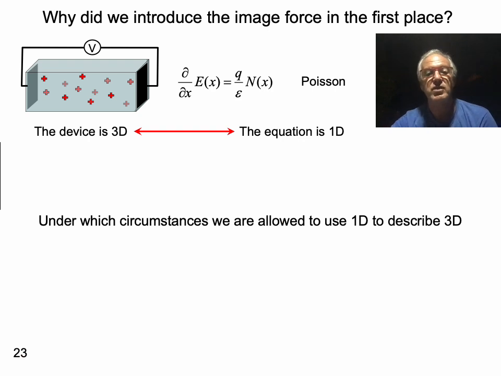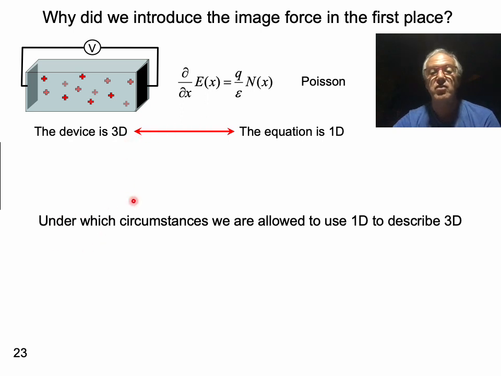So why did we introduce that correction? As I said, we have basically all the equations, and really to look for the reason, you need to look again at this picture and see that we are really solving a three-dimensional device using a 1D equation.